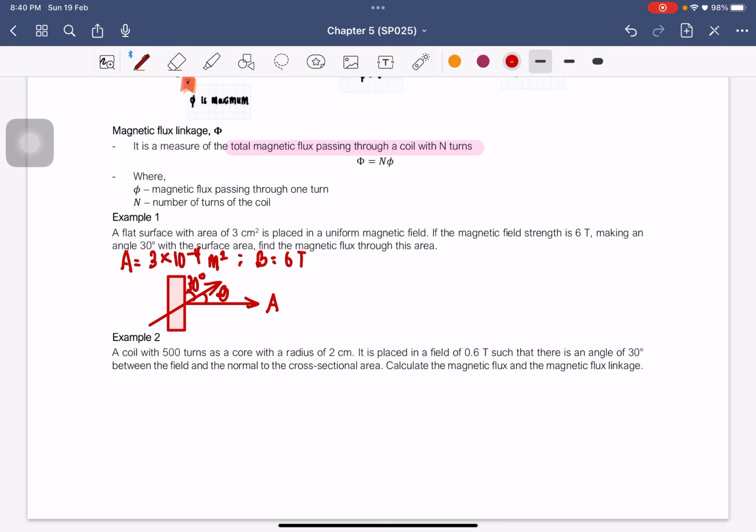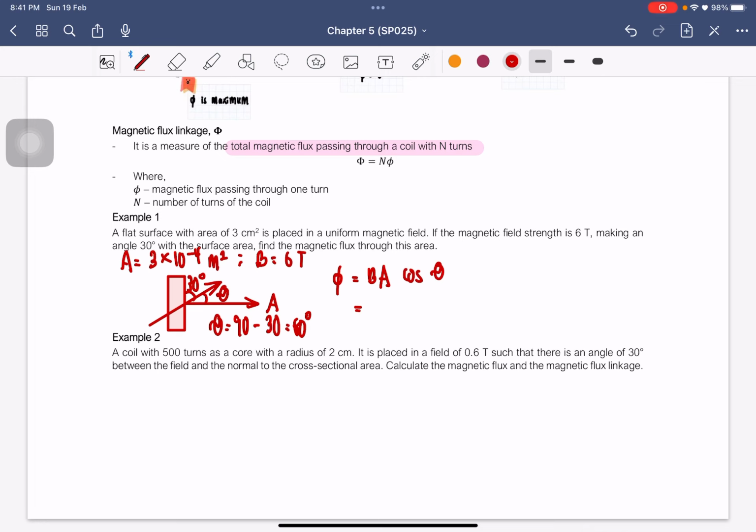Okay, so this is the theta lah. Sebab kita punya formula is BA cos theta. Sebab soalan minta magnetic flux through this area. So, berapa nilai theta ni? Kita tahu theta will be equal to 90 minus 30, which is equal to 60 degree. Kenapa 90 minus 30? Sebab this is perpendicular ataupun normal to the surface area.